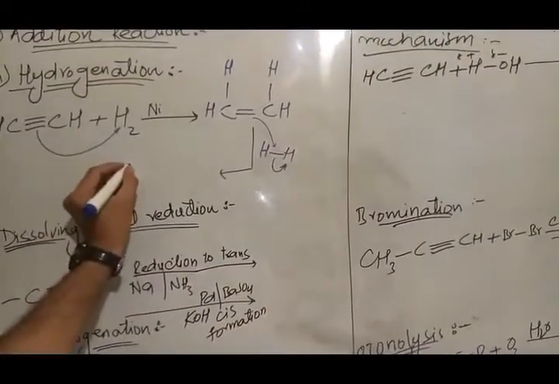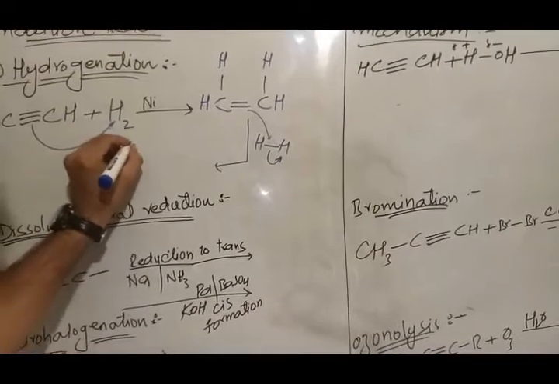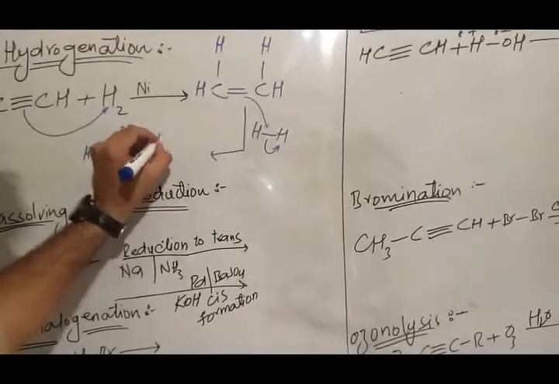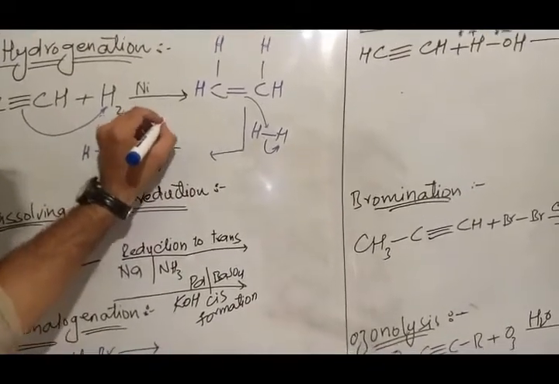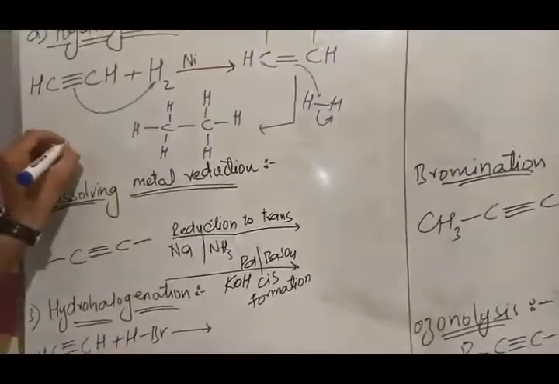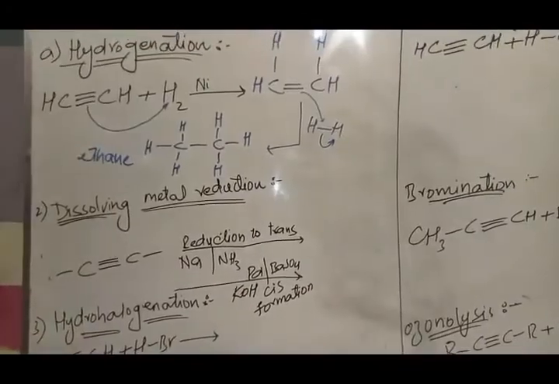So our final product will be as this: C single bond H, single bond H, single bond H, single bond carbon, and three more hydrogens attached at this point, and our product is ethane. I repeat this reaction.